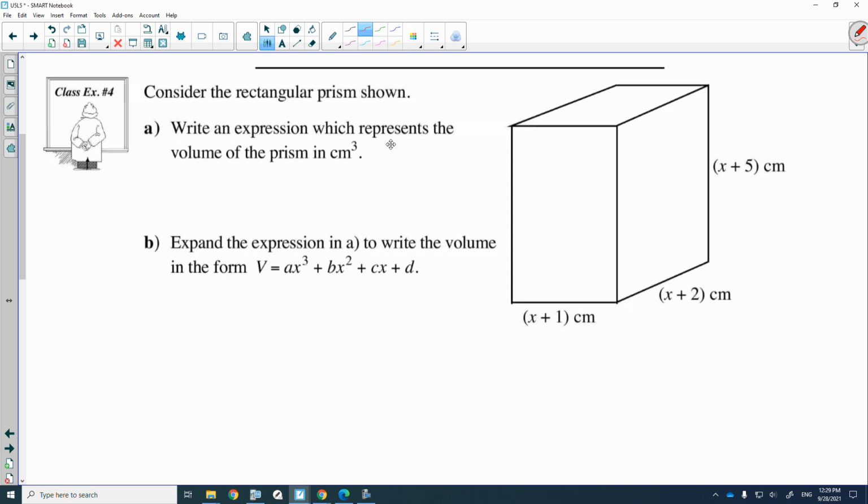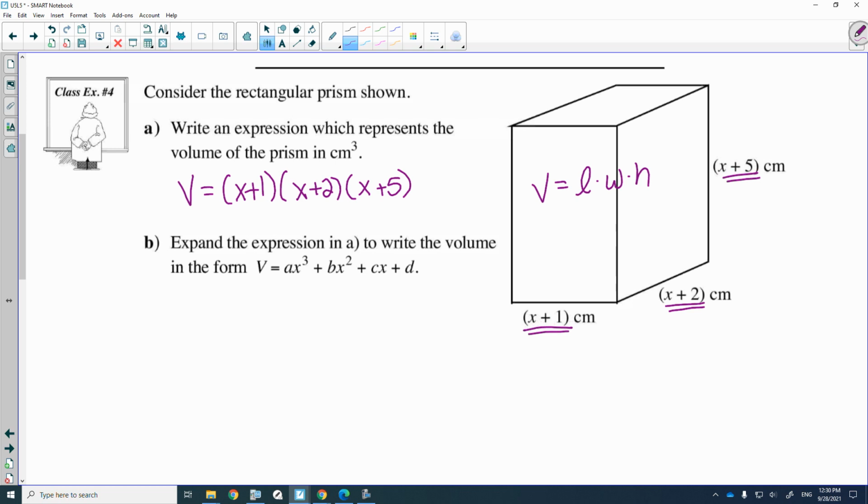Write an expression which represents the volume. So when we do our measurement unit, volume of a rectangular prism is length times width times height. That's how you'd get the volume. So the expression would be volume equals this guy times this times this. So x plus 1 times x plus 2 times x plus 5.